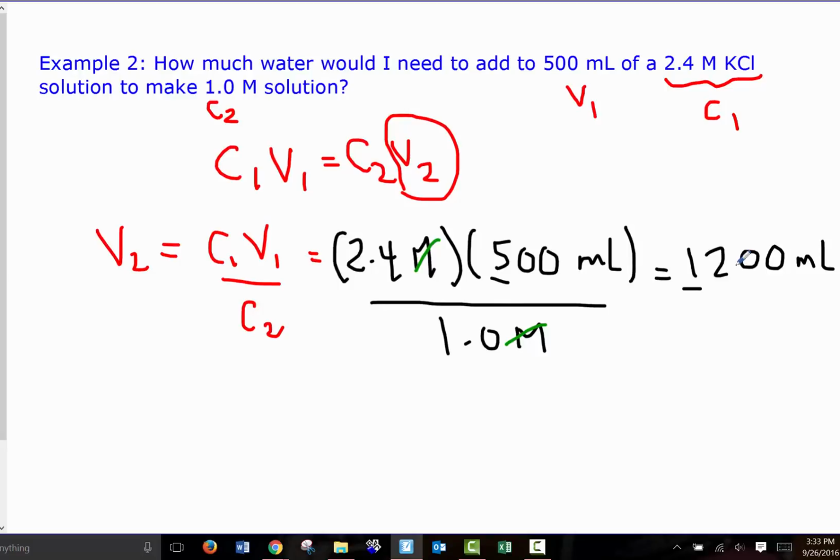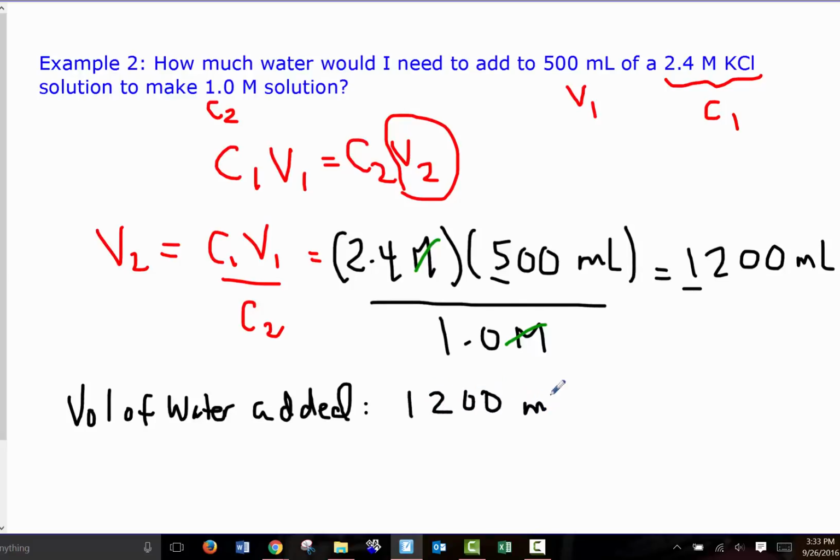Okay, so here's what we're going to do. Our last step, we need to find the volume of water that was added. So the volume of water added is going to be my 1,200 mL minus what I started with, which was 500 mL. Since this is a subtraction, our sig fig rule tells us that we have to round to the least number of decimal places.